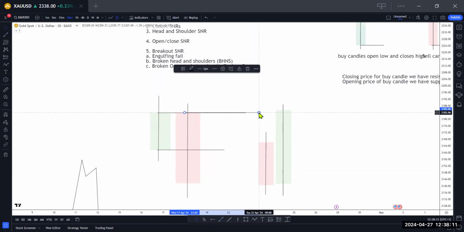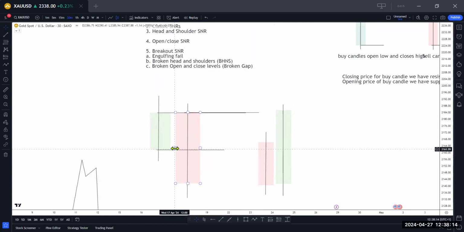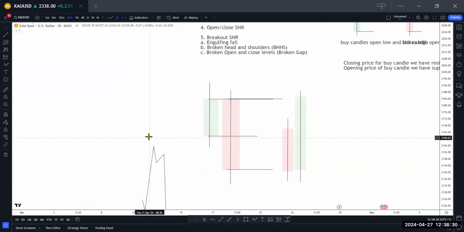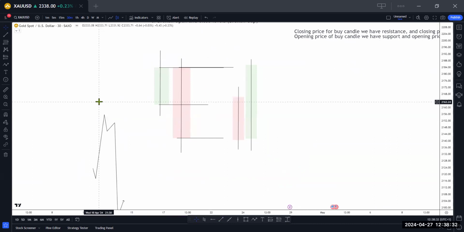So first SNR level support, second resistance, third resistance, and then the final one, which is this one, the closing price of the sell candle, support. So that's 4 SNRs in one candle pattern. Okay, 4 SNRs in a candle pattern.